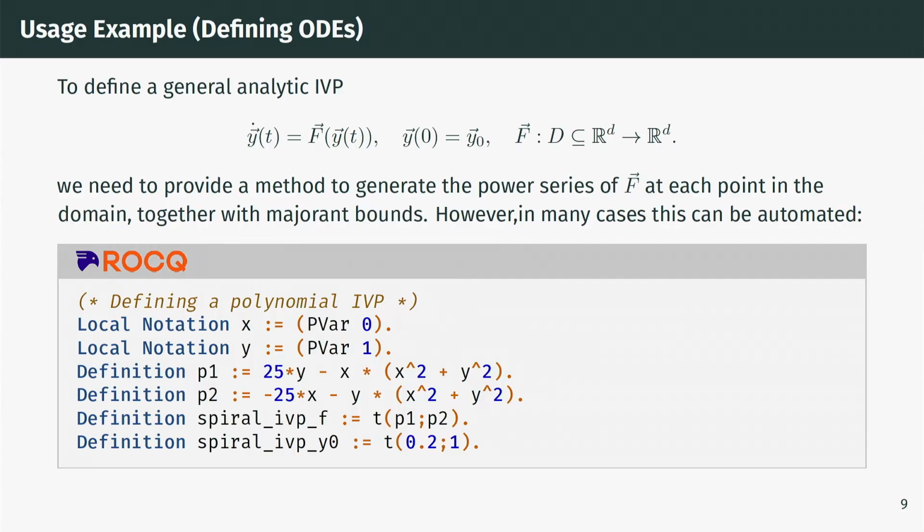So we can define ODEs just like this. We can basically just write down the polynomial of the right-hand side function. Right? So here's a two-dimensional ODE. We have P1 and P2 defined like this, and then we define a tuple of those two, and then the initial value of those two.